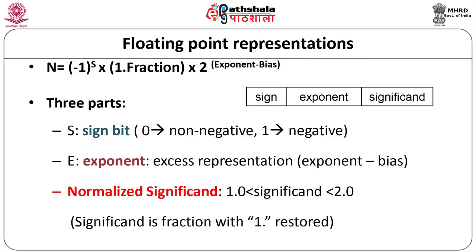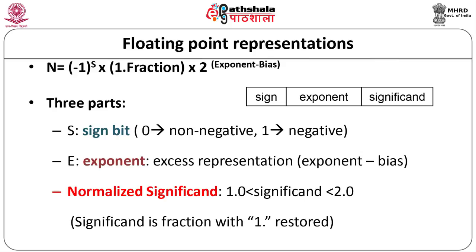E is the exponent, which is stored in bias representation, that is excess representation, to permit both positive and negative exponents. To provide negative exponents, a biased exponent is used. A bias is a number that is approximately midway in the range of values expressible by the exponent.